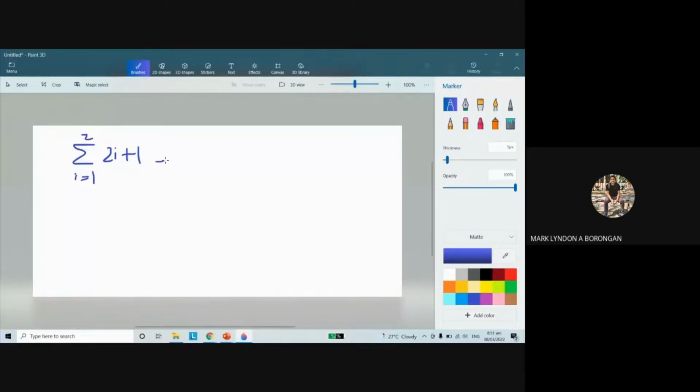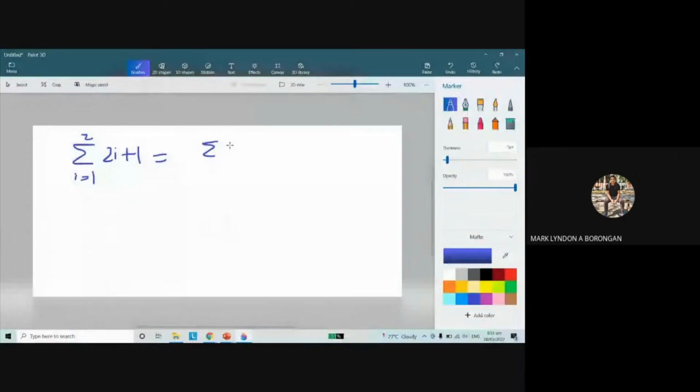Then you can separate it. The basis is, if you see it separated by a plus or minus operator, guys, you separate them as two terms. It becomes two terms because of the plus or minus in the middle. Okay? Since it is 2i plus 1, you can separate it using our property 3.